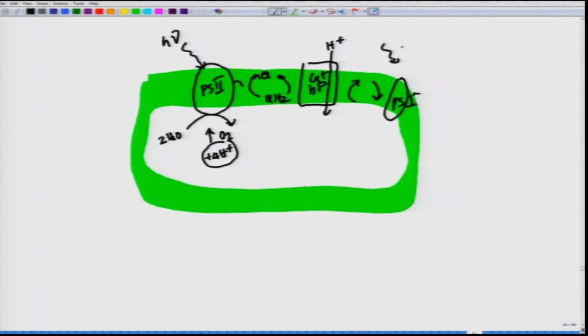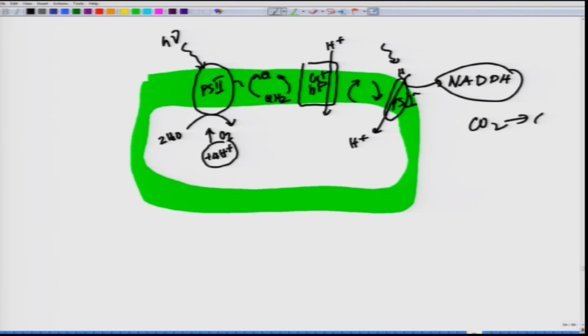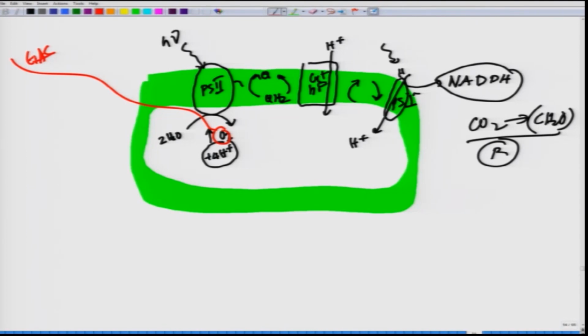At PS1 also there is a proton gradient created. And of course, this is the one creating the NADPH, which takes part in the dark reaction for CO2 to CH2O, the reduction reaction, the major reductant. And here is the major oxidant which is going away as the gas coming out. So, now you see there are 3 sources of proton gradient: here, here and here.